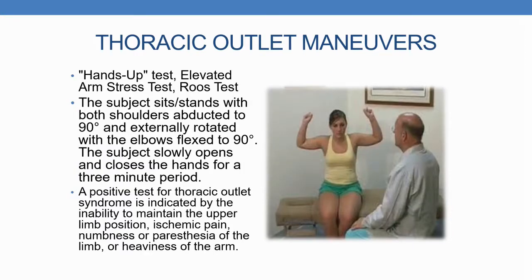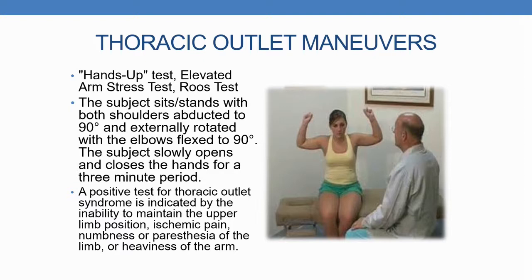Then finally, we have the hands up or the elevated arm stress test. And again, this is a test designed to assess for compression of the neurovascular bundle as it passes beneath the pectoralis minor muscle. And to perform this maneuver, the subject either sits or stands with both shoulders abducted to 90 degrees and maximally externally rotated, elbows flexed to 90 degrees to look like the hold 'em up or stick 'em up position.